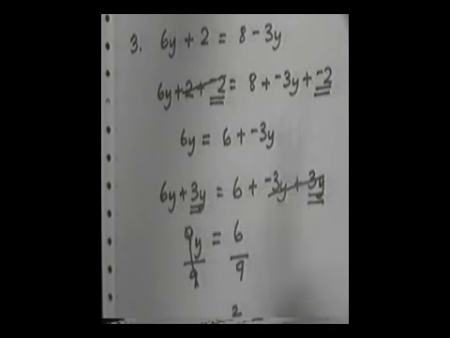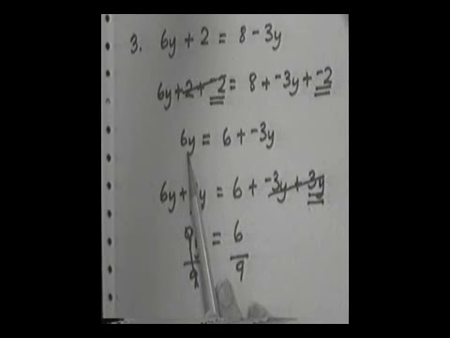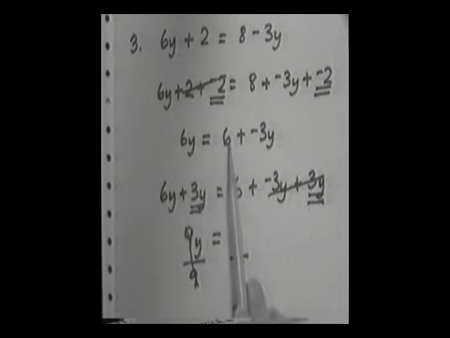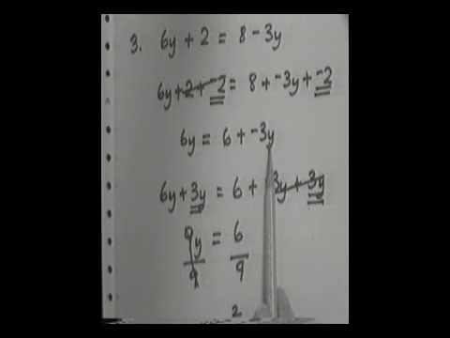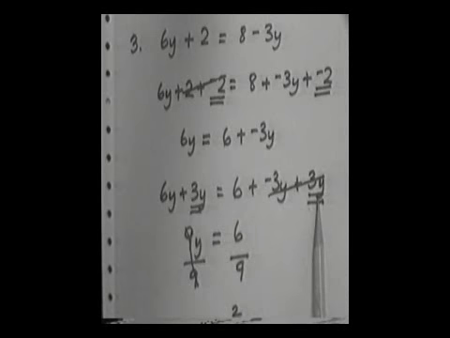Once that is gone, we look at what's left and notice that we have a variable term on the left, a constant term on the right, and a variable term on the right. That variable term on the right needs to be removed, and so we add its opposite. Adding 3y to both sides eliminates that variable term from the right side.